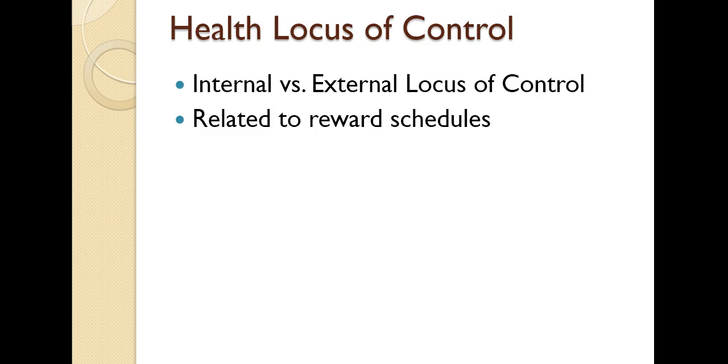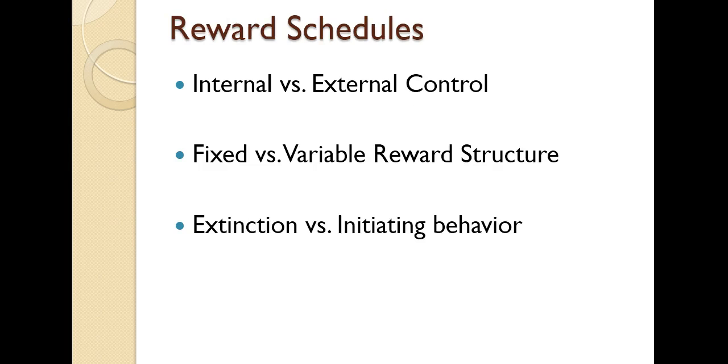And that gets me to reward schedules, because reward schedules are closely related to locus of control and changing behavior. So internal versus external locus of control we've talked about, but we're going to talk about fixed and variable reward schedules.